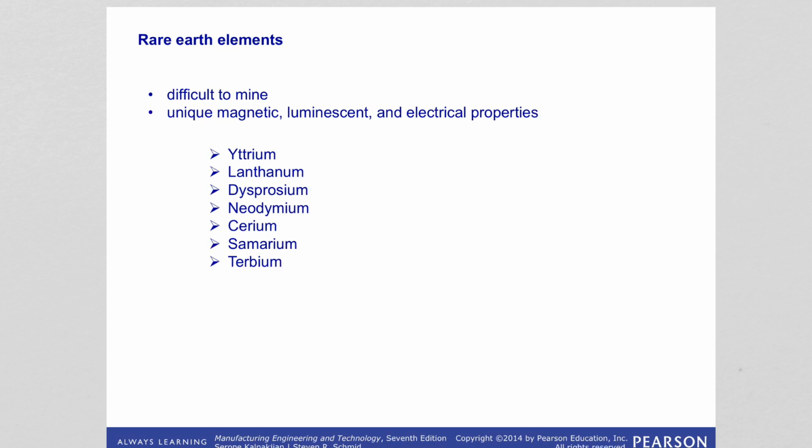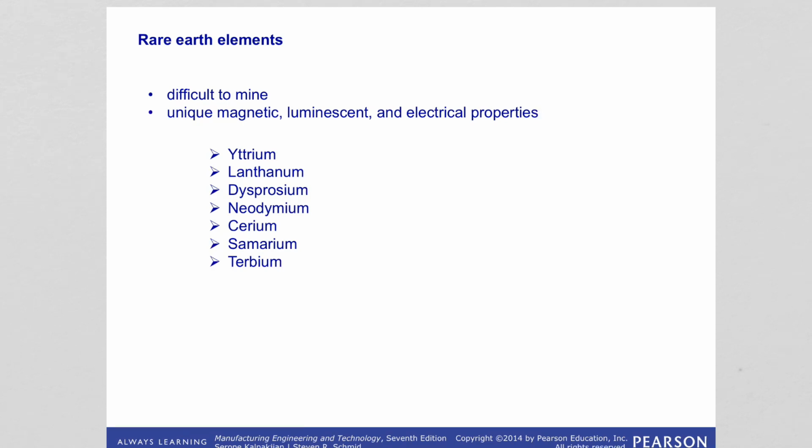Okay, but they all have unique magnetic, optical, electrical properties, and they are being used in modern technology like portable electronic devices, computer devices, in radiation shielding, in generating radiation, etc. They all have unique application areas.